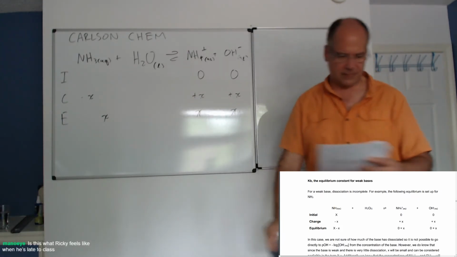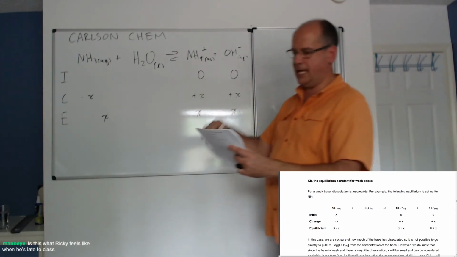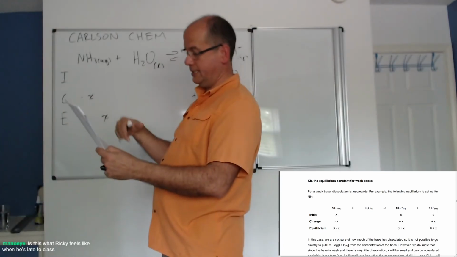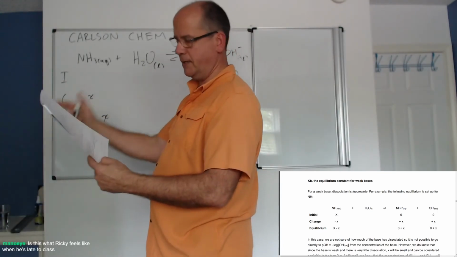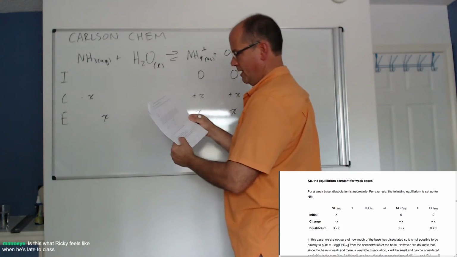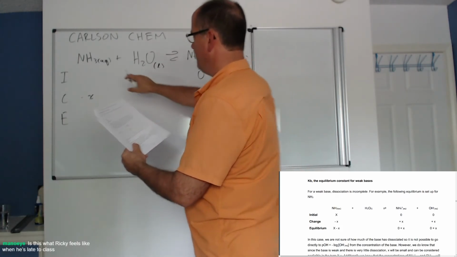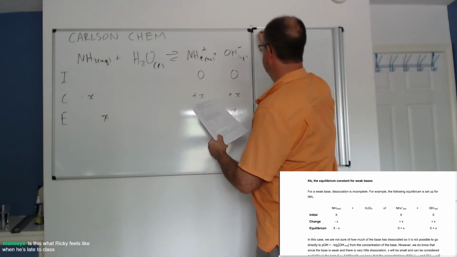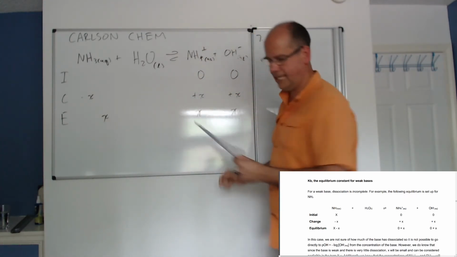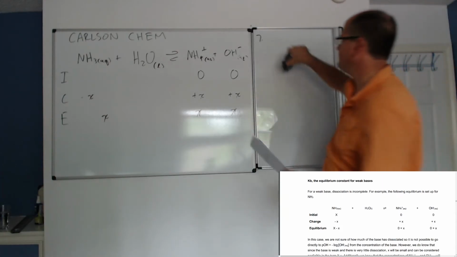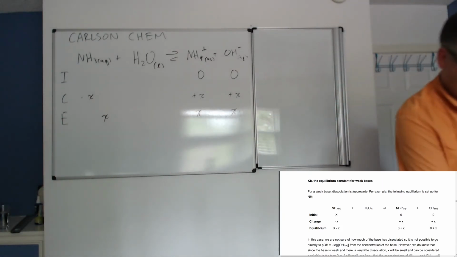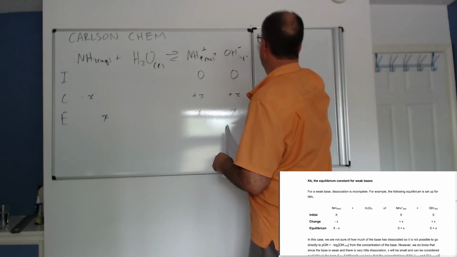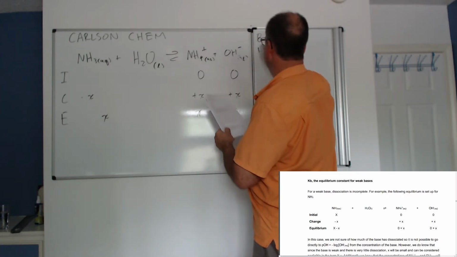So everything I've said about Ka, everything that was on page 8 is the same as page 9, so I'm just going to jump to the tasks. Okay, if ammonia has a pKb of 4.75, so this is task 8.4, number 1.